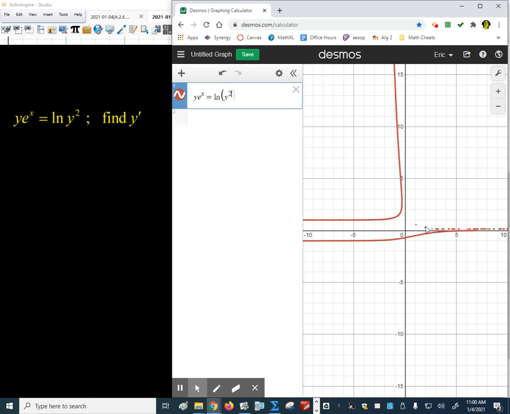You notice there's some parts down here where I get some strange behavior, but this function does have a graph. So I should be able to find derivatives at places on this function where the function exists, right?